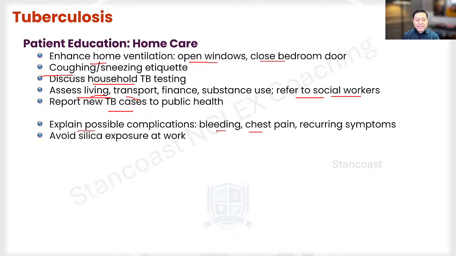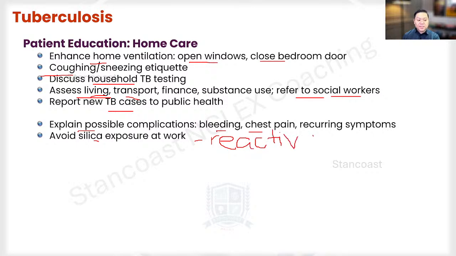Now, we're also going to have to teach them to avoid silica exposure at work, especially like quarries or, let's say, sand blasting or foundries. These are known to increase reactivation of the TB.